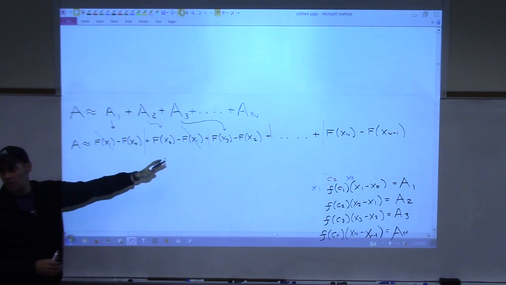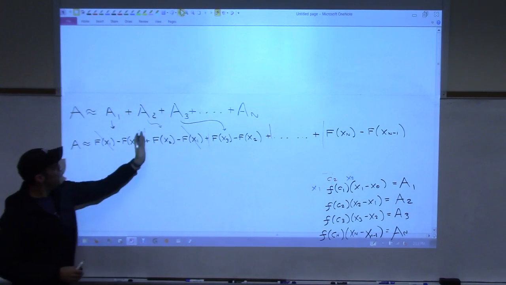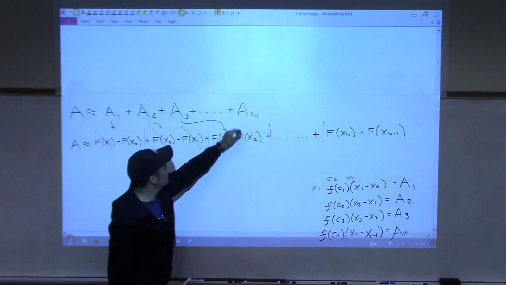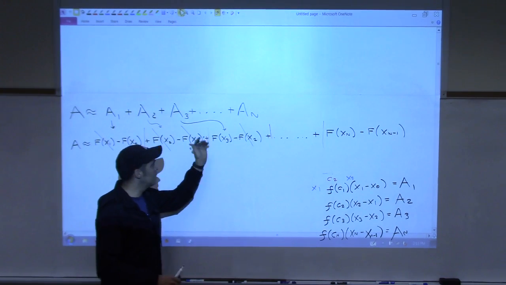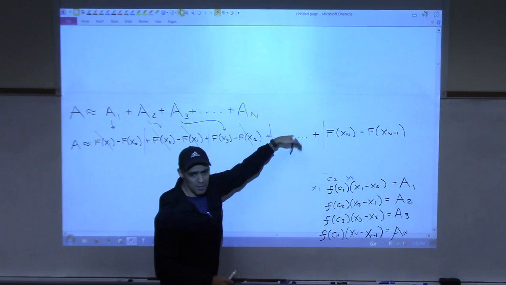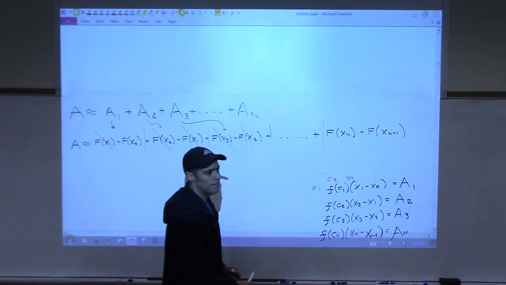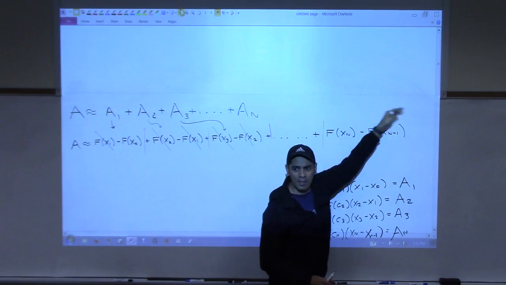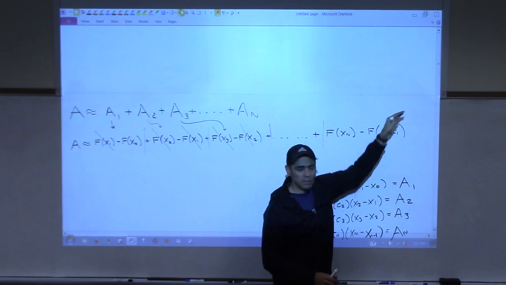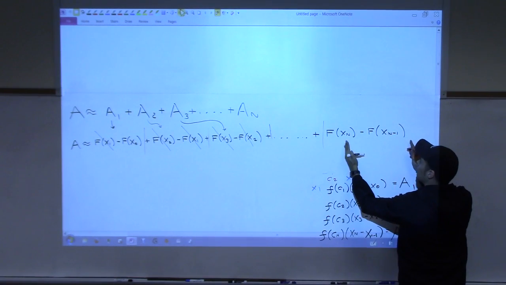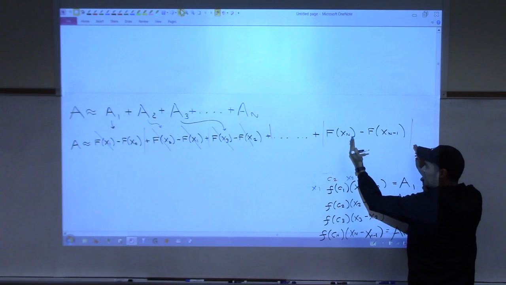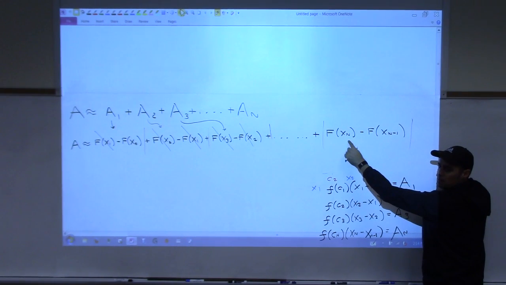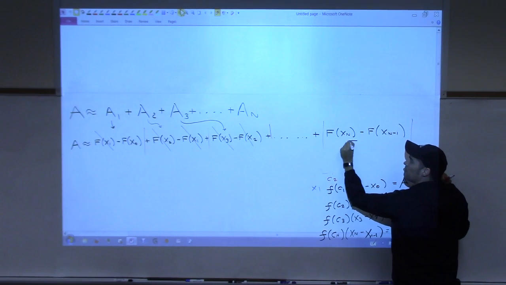Those two kill each other off. The first one here gets killed off by the second one over there. The first one here gets killed off by the second one somewhere. So that one's gone, right? The first one here gets, oh wait, there is nothing out there, right? If I stop at n, then there is nothing over here for this one to get killed off by. So this one's still here, isn't it?